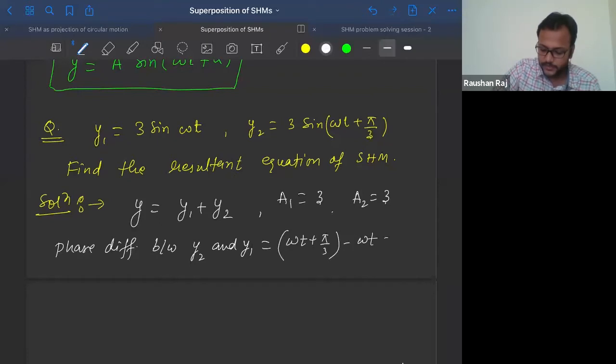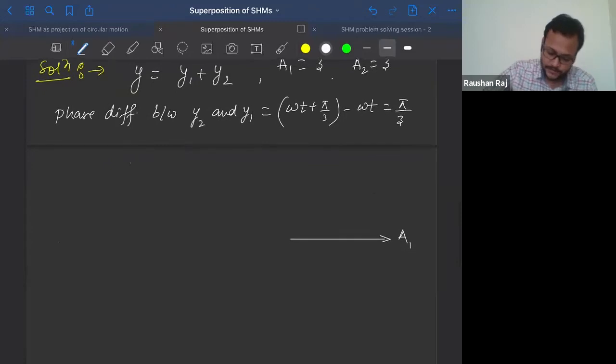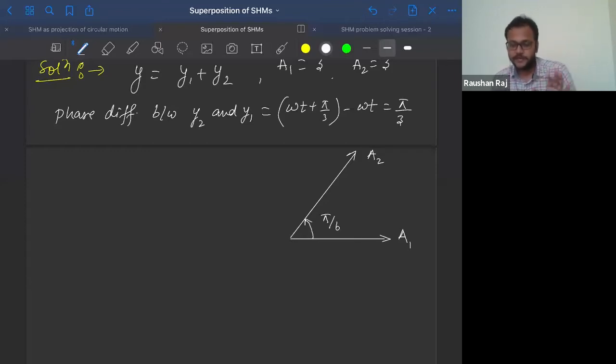That means pi by 3. So the phase difference is pi by 3. So A2 will be leading A1. This is A2. The angle made by A2 with A1 will be pi by 6. So this is the phasor diagram that we are going to draw.